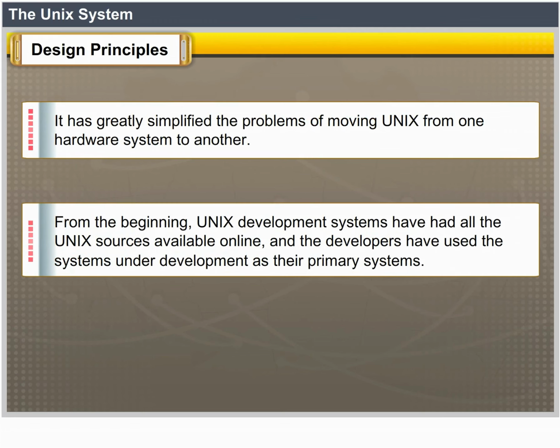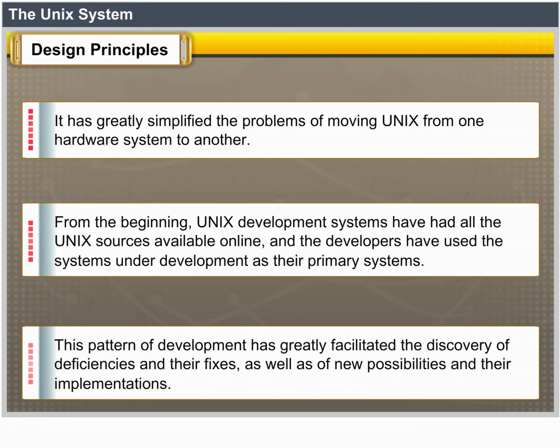From the beginning, Unix development systems have had all the Unix sources available online, and the developers have used the systems under development as their primary systems. This pattern of development has greatly facilitated the discovery of deficiencies and their fixes, as well as of new possibilities and their implementations.